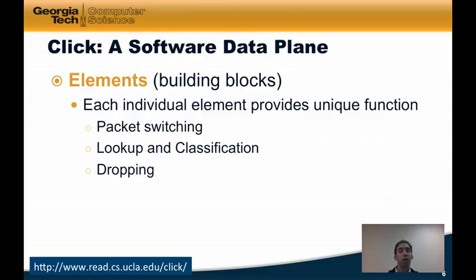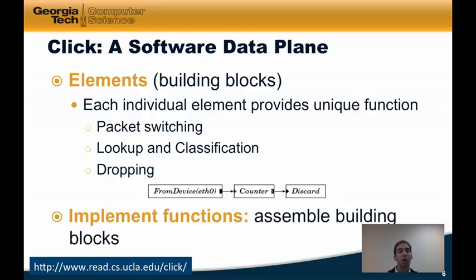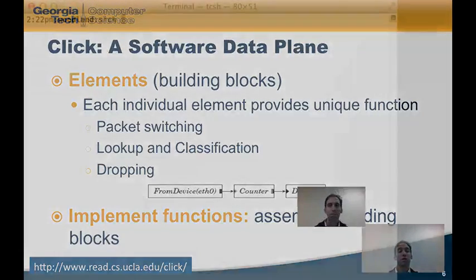The idea is that a developer of a customized data plane would take these Click elements and snap them together into a packet processing pipeline. Here's a simple pipeline that takes packets from the ETH0 interface, counts them, and discards them. By assembling building blocks, developers can implement a variety of increasingly complex functions.